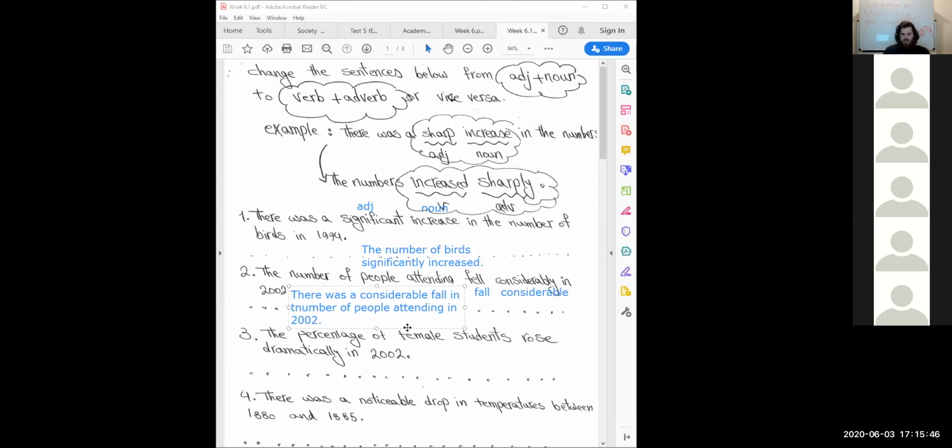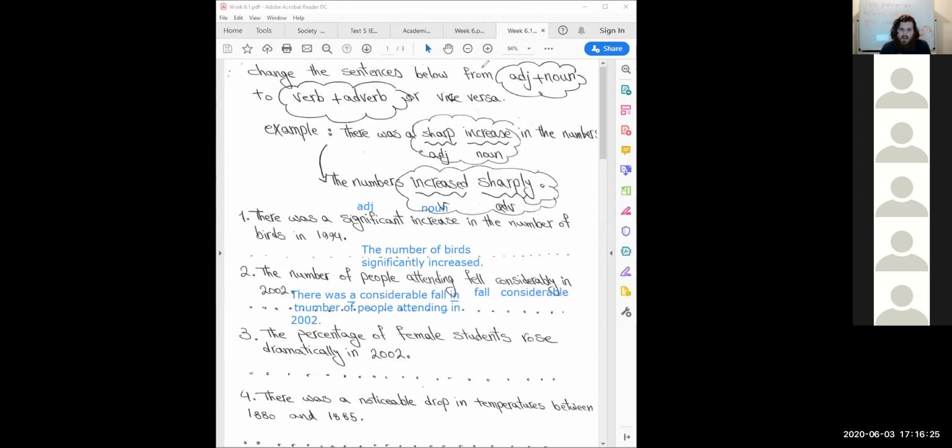In this sentence. Got 2 words I always need to remember, which are... and... in. Okay, so if we're using this, guys, if we're talking about a bar chart, something like that, I need to say something like there was a or a considerable fall in the number of people attending in 2002.